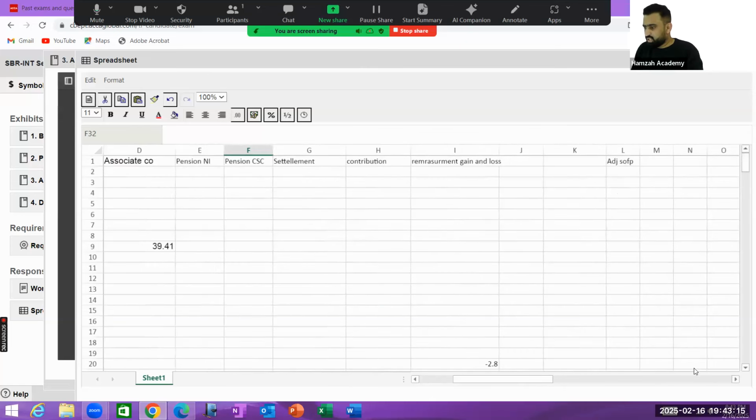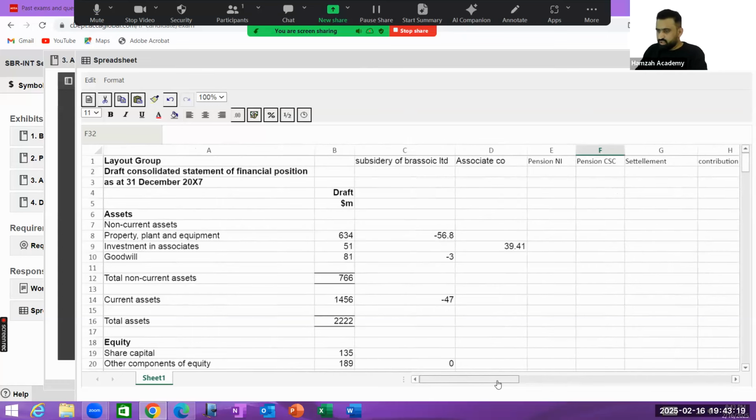Now, after doing all this, we need to calculate the values.